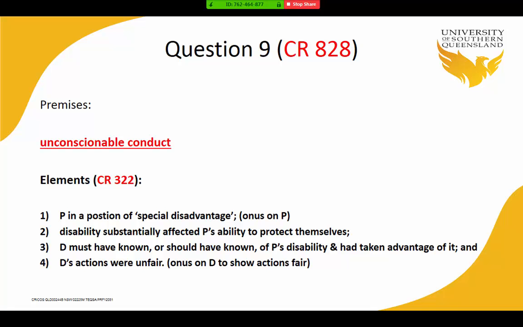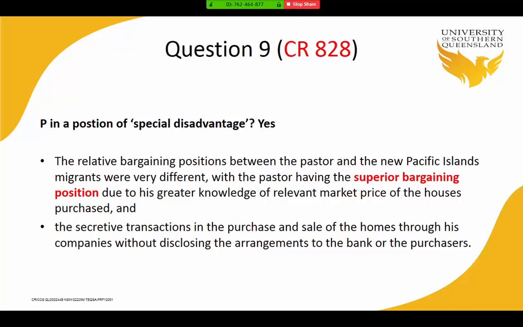So the pastor's actions, namely selling these homes to these new Pacific Islanders at a higher price than the fair market value, were unfair. Do you know what to take that from? You see where the jugular is? What kind of argument you're going to throw at that? Yeah? No? Leave it for you to look at? Maybe? Okay. Quickly. Let's go.